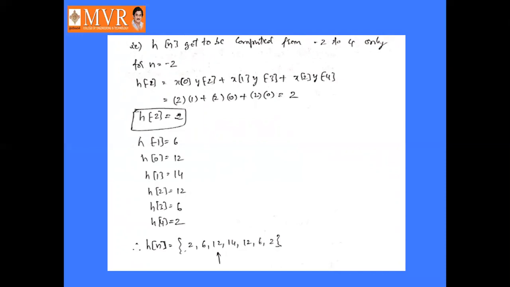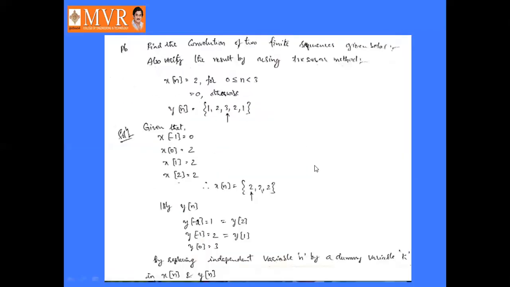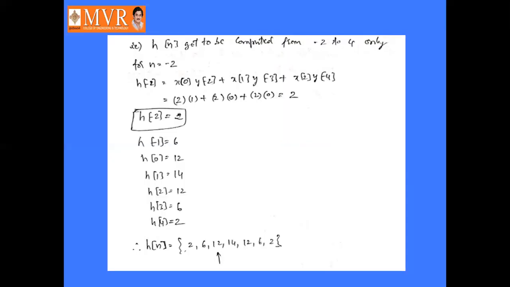So finally, the h of n values are 2, 6, 12, 14, 12, 6, 2, and the h of 0 value is 12. Okay, like this we can do the convolution for both x of n and y of n, right? With this, it is completed.